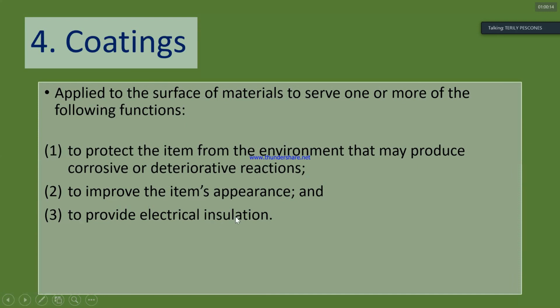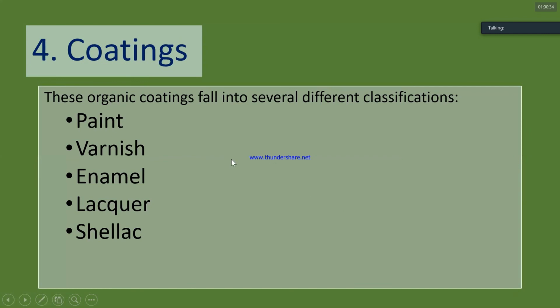Di ba? To improve the item's appearance. So, aside from this one, yung pinaka-main ano niya is to improve the item's appearance and to provide electrical insulation. Okay? Di ba napansin naman, na-mention dun sa ating one way to prevent corrosion is applying organic coatings, and that is using paints. So these organic coatings fall into several different classifications: paint, varnish, enamel, lacquer, and shellac.